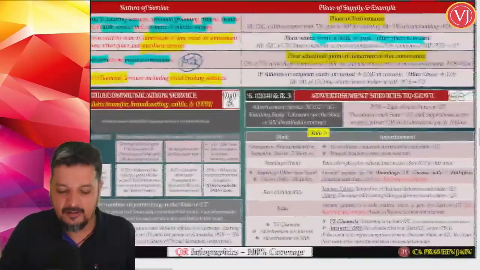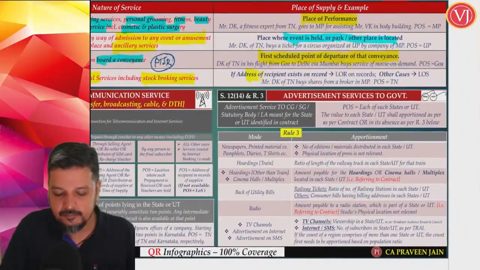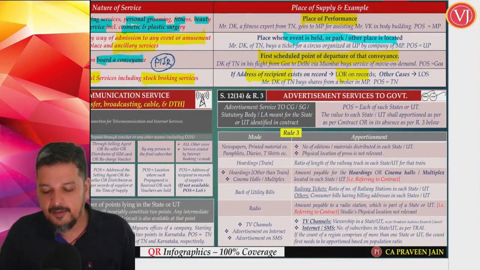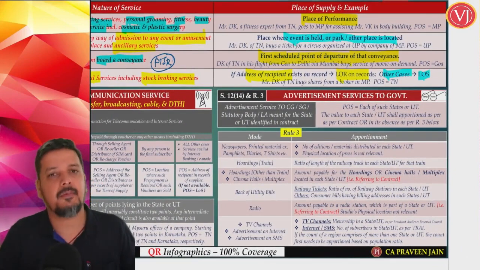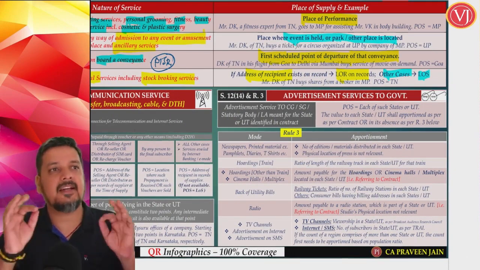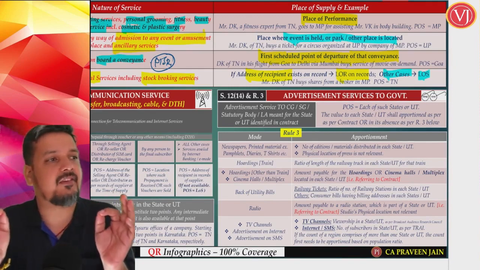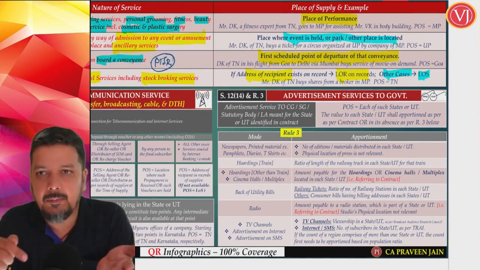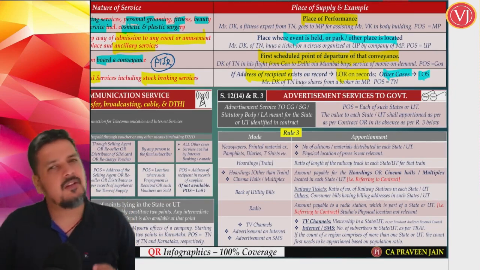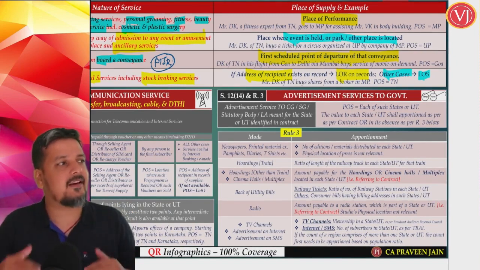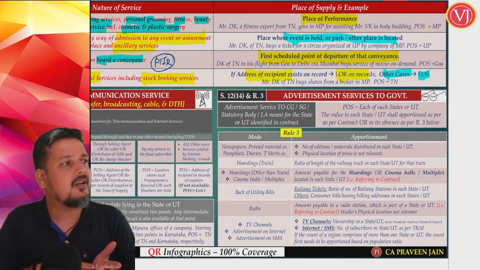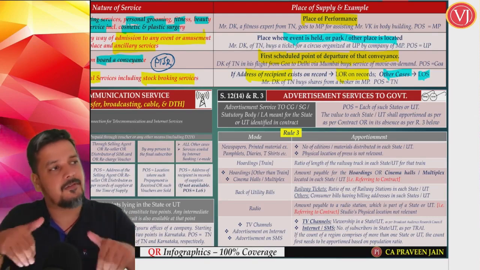If the address is there on records, location of recipient. If the address is not there, location of supplier. In 99% of cases of banking and financial services, the recipient's address will be on records, so location of recipient. There is a 1% possibility that the recipient's address is not available on records, and then it is location of the supplier.